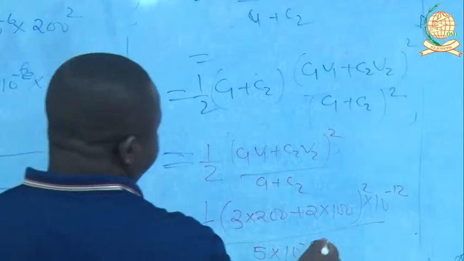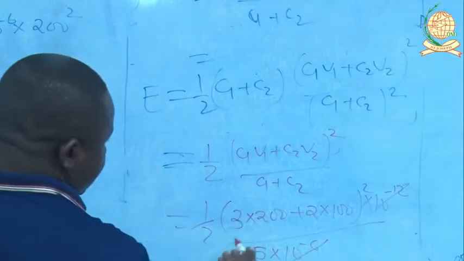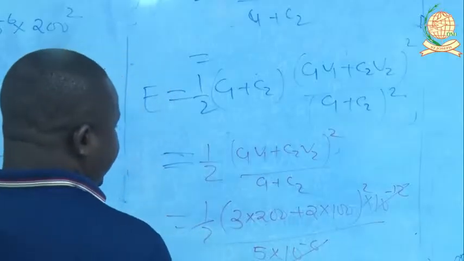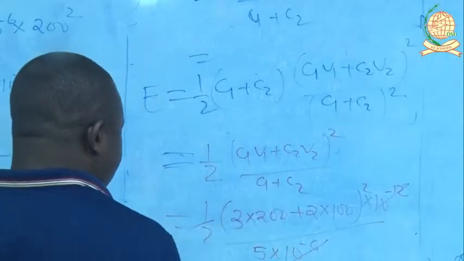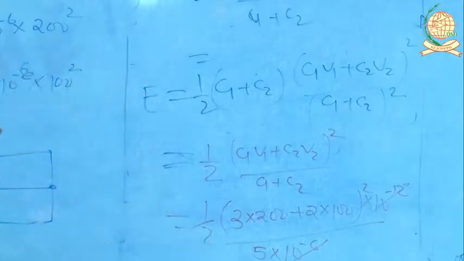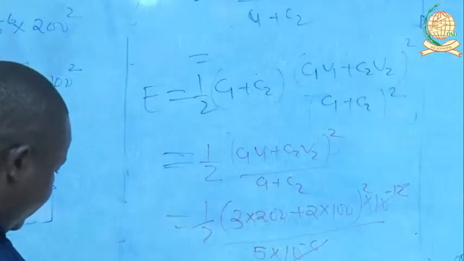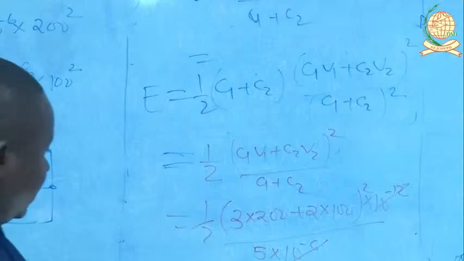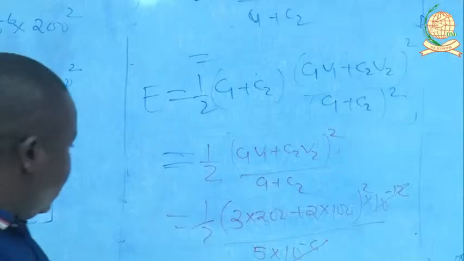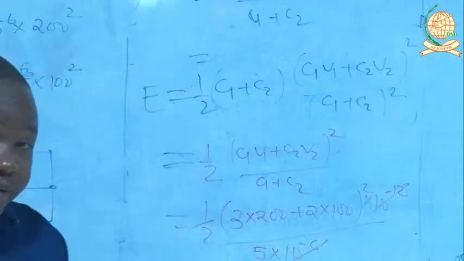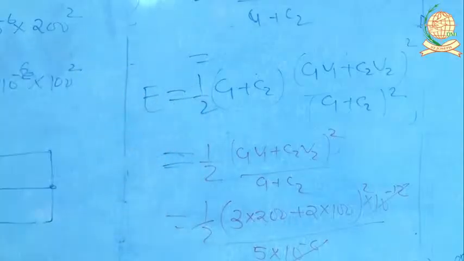So you can simplify a little. This is 600, 200, you're getting 800 squared divided by that, and you get the energy stored in the combination. That was question number 4. We move to question number 5.